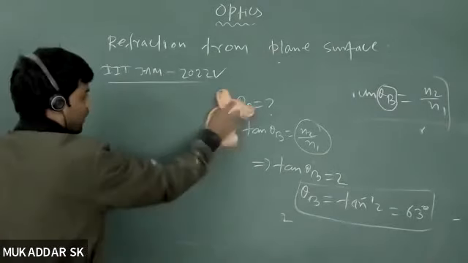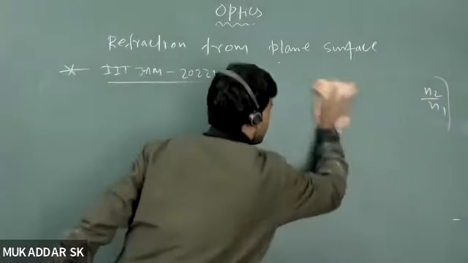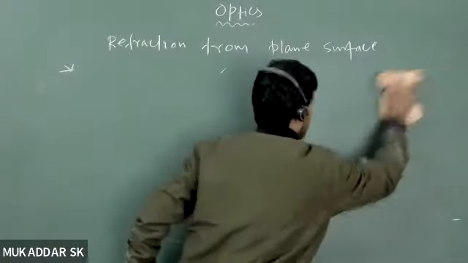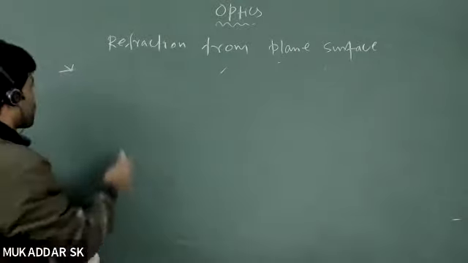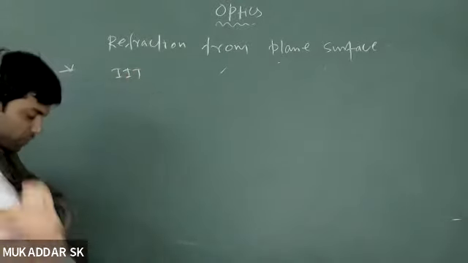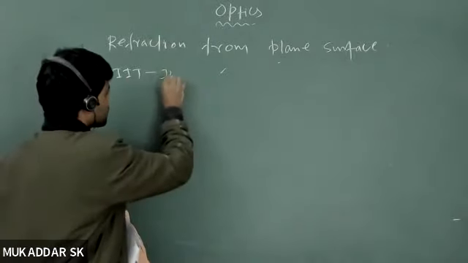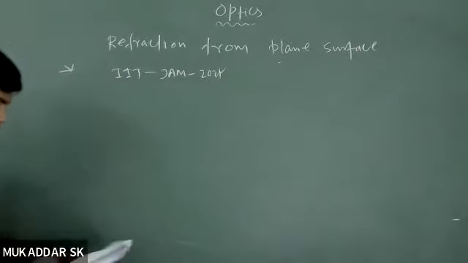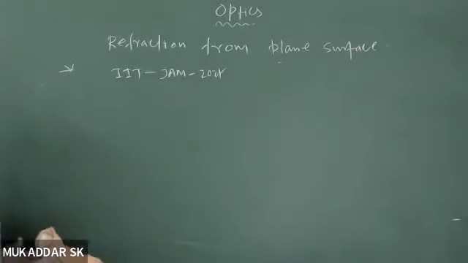Now the second question, I'll not solve fully, but I'll give you hints. That was a very good question actually, and it is from IIT-JAM 2021. Let me give you the data.